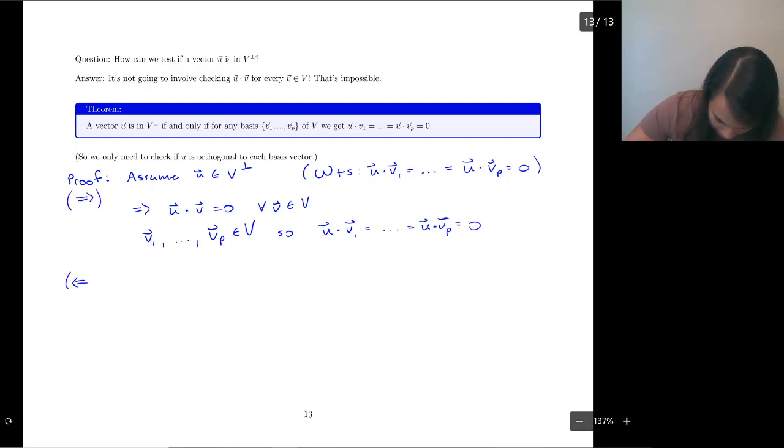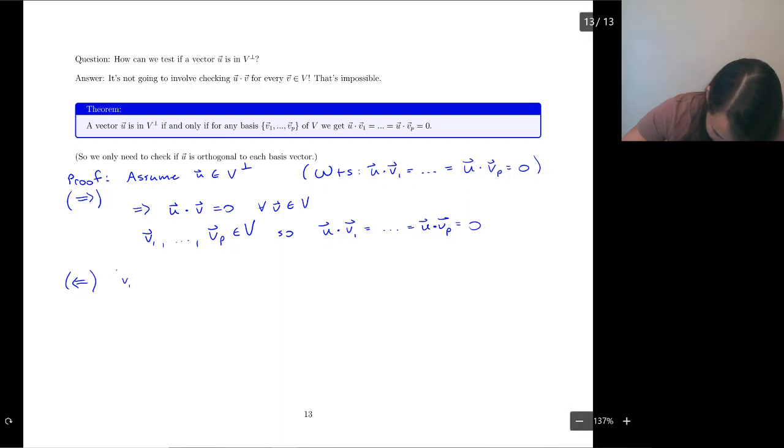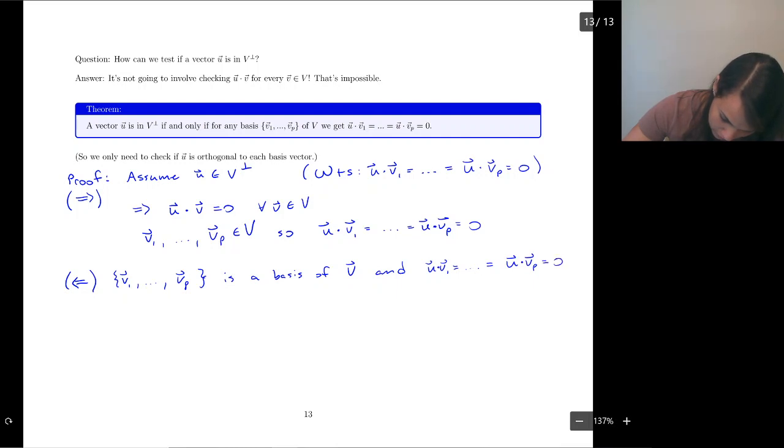Backwards direction. Once again, let's model some good proof writing. We want to start with v1 up to vp is a basis of V, and u dot v1, these guys are all equal to 0.